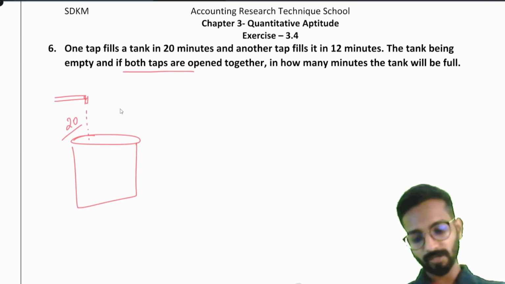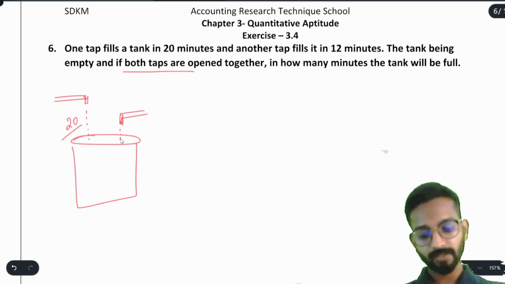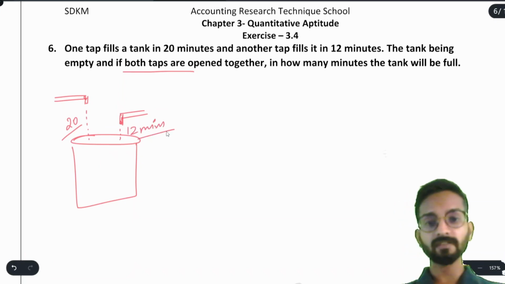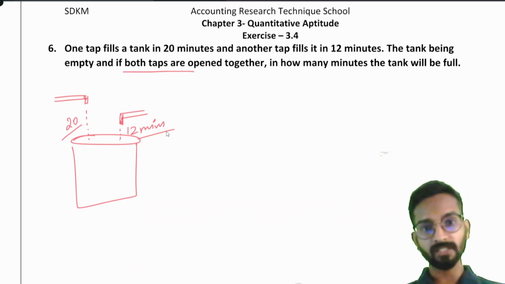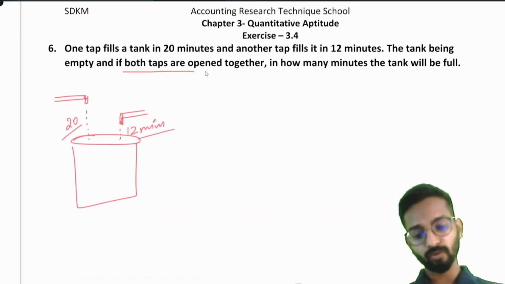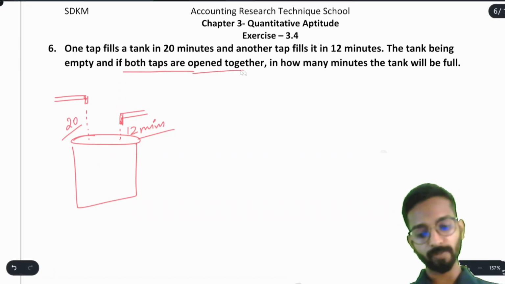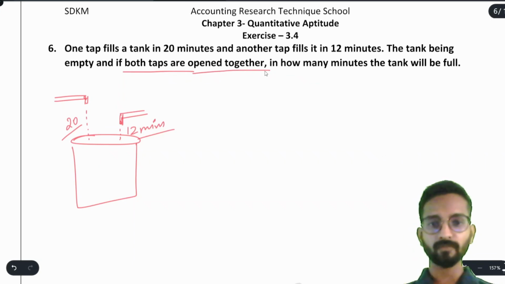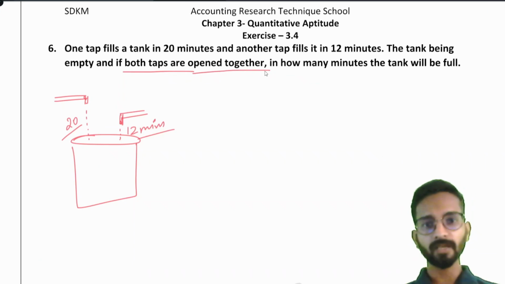But there is one more tap, and that will fill the tank. How much time will it take? It will take 12 minutes. See, this is given alone capacity, that alone this tap and that tap can fill the tank in 20 minutes and 12 minutes. But what we have to find? If both taps are open together, it is nothing but what we have done till now. What if A and B are working together?